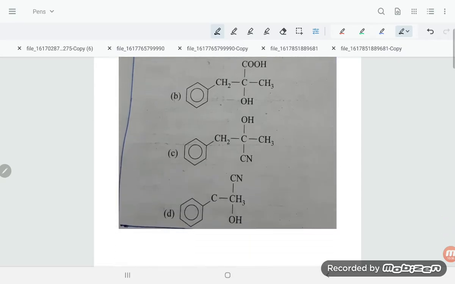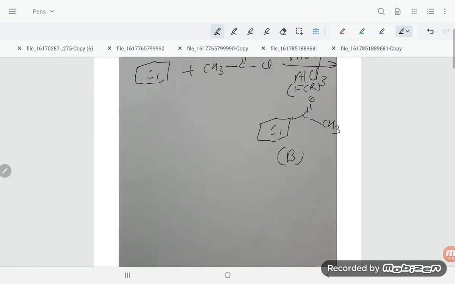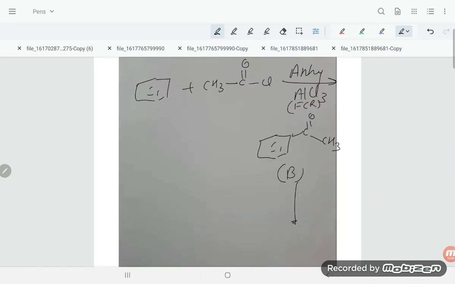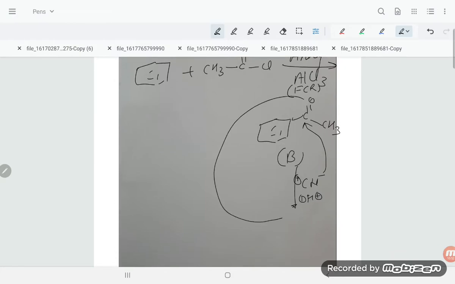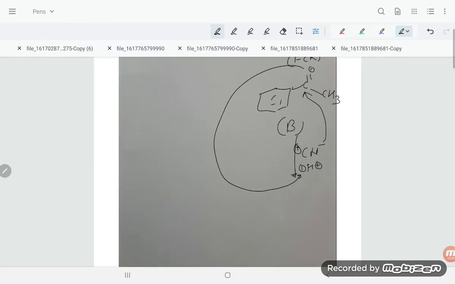Let us see if you are treating this one with HCN. So let us treat with HCN, that is CN minus in the first case and H plus in the second case. So it is going to give this one CN, and then it is accepting H plus. What will the product be, students? This will give the alcohol.